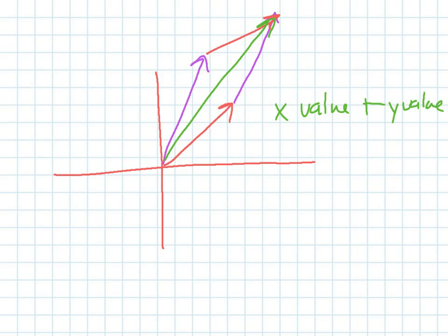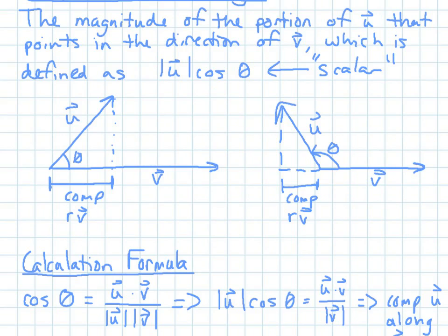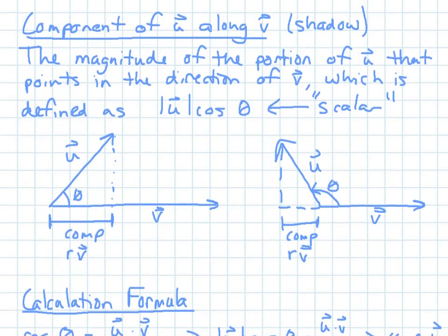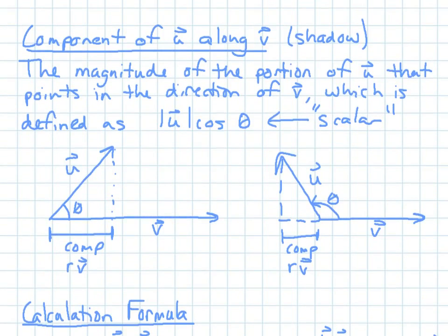So when we go back and talk about a component of a vector u along v, that means that if I'm looking at u's vector, it has an x component and a y component. So basically for this one, when you're talking about a component of u along v, you're talking about the part of u, or the component of u, that actually comes from vector v.